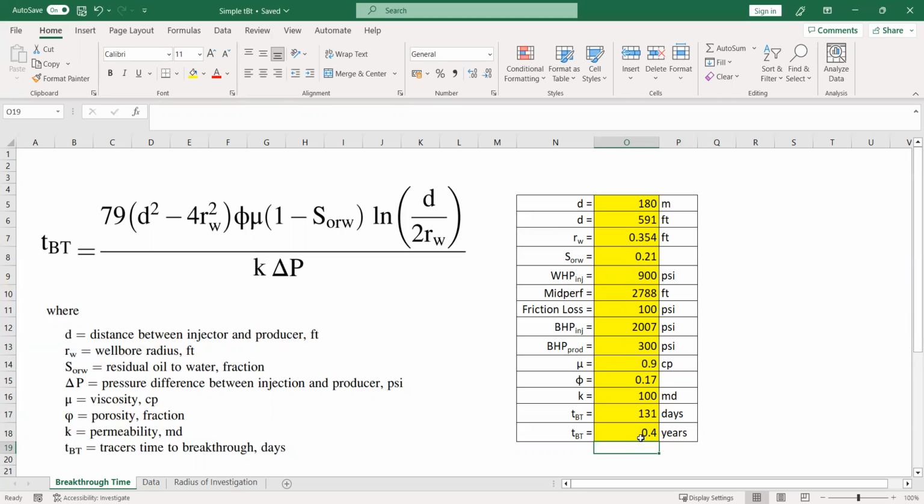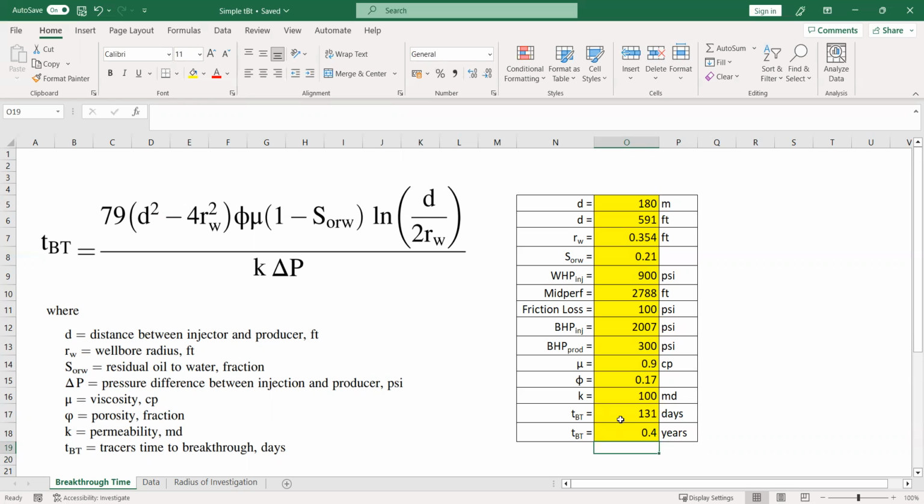All right, so that's what happened. So if you inject water or if you inject tracer right now and you have a producer 591 feet away from your injector, then the breakthrough will occur at day 131.